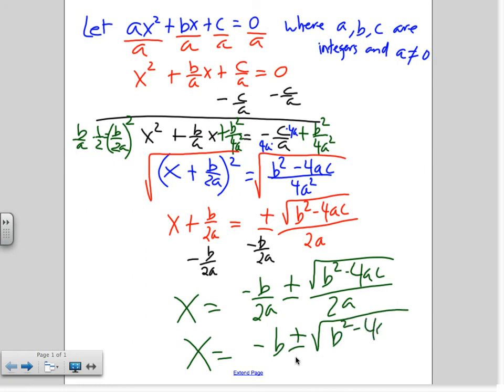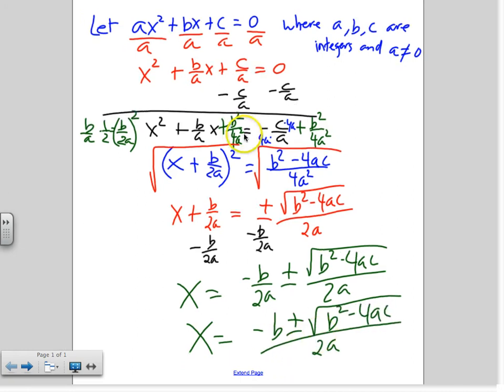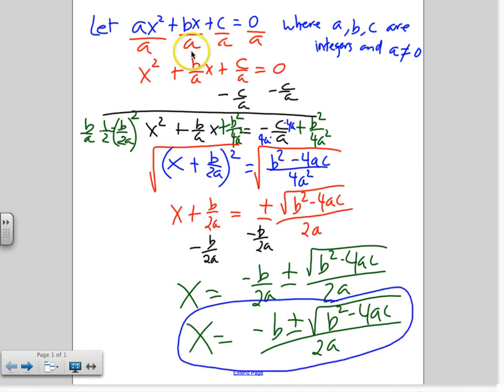You can clearly see I now have the quadratic formula, and it is obviously derived from the standard equation using the completing the square technique. And this is the reason why the quadratic formula will also give you the same exact answers as if you were completing the square or trying to factor it using the traditional method.